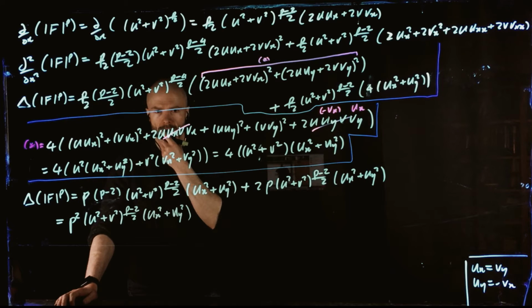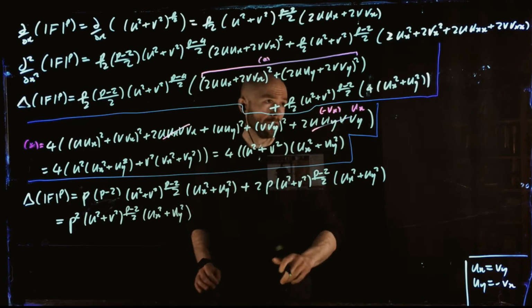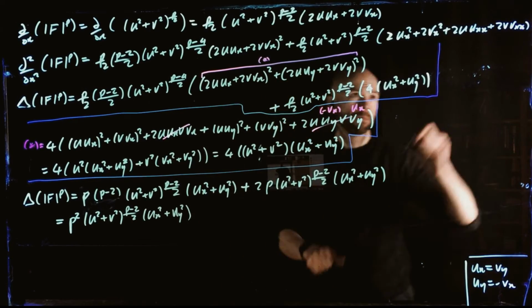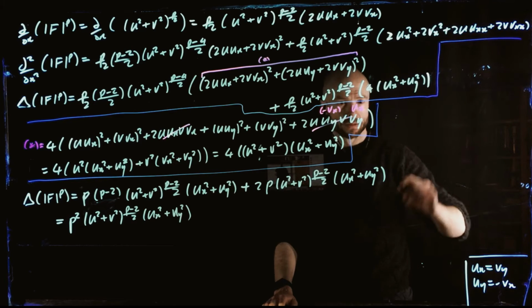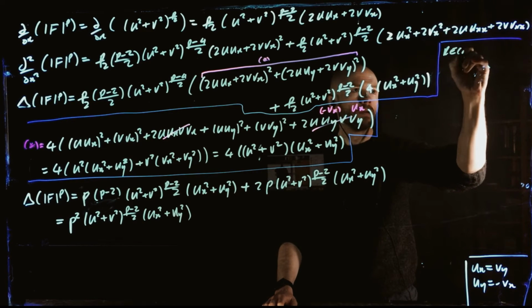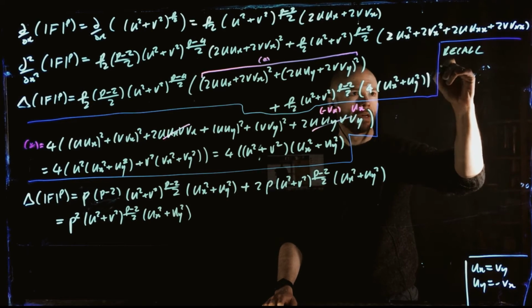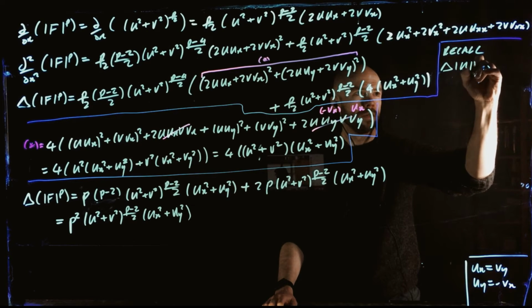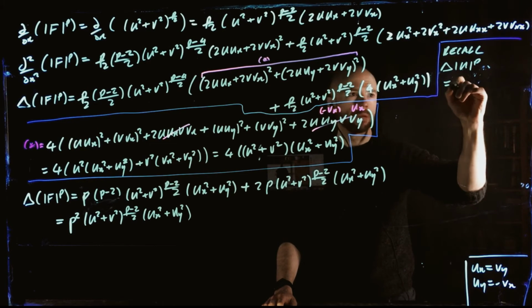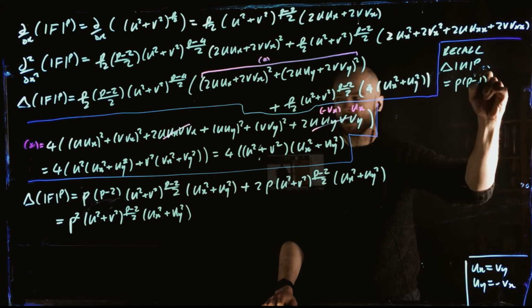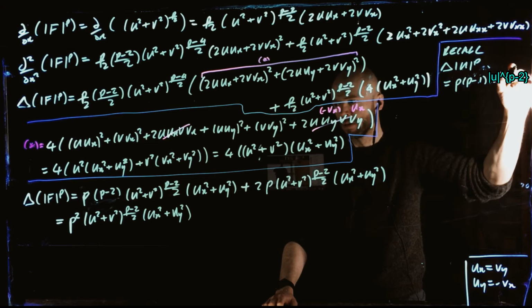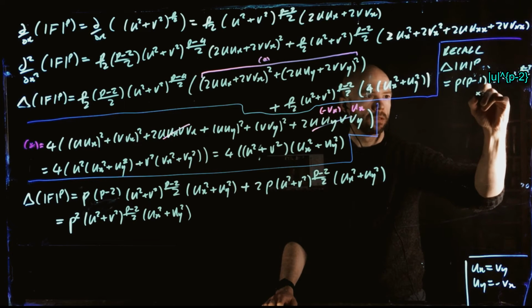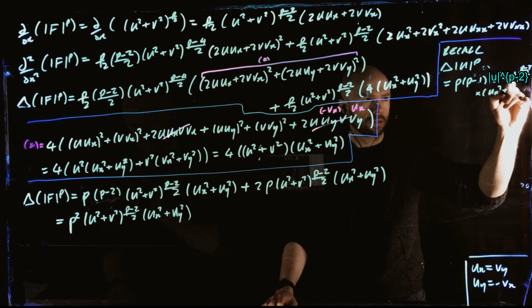Everybody agree? Yeah? And recall when we did the Laplacian of u to the p, we got a similar expression, except we had p minus 1, and then this u squared plus v squared to the p over 2.